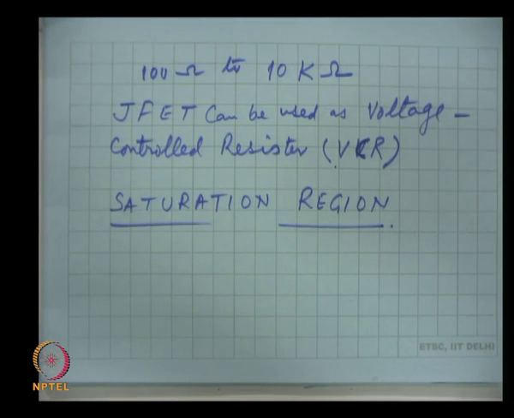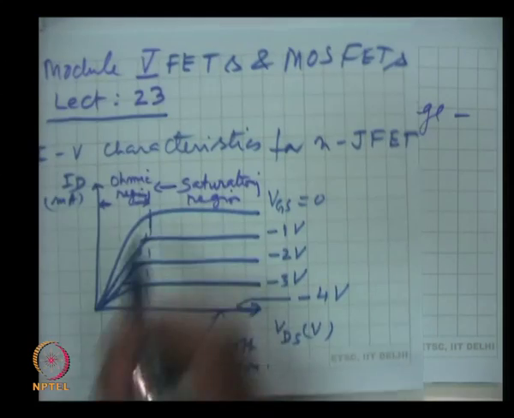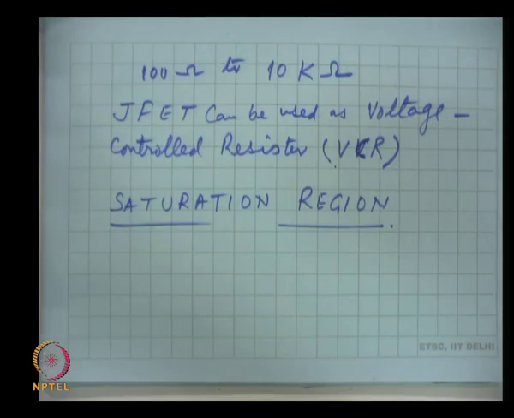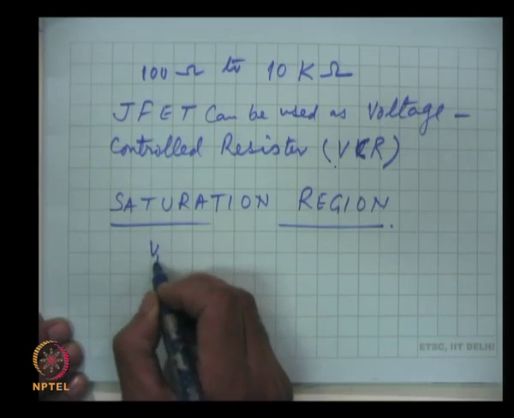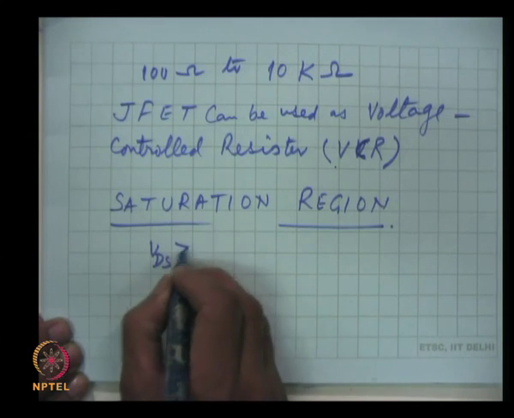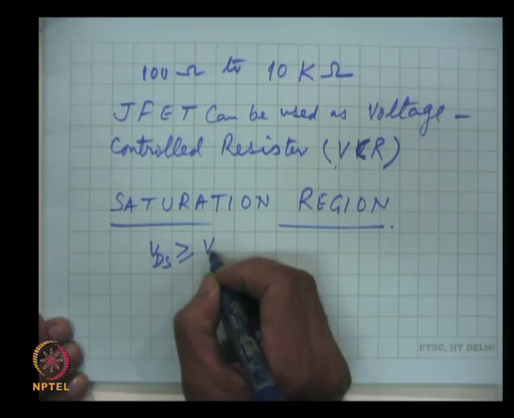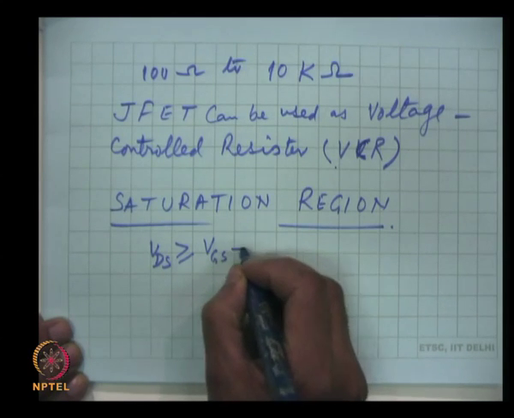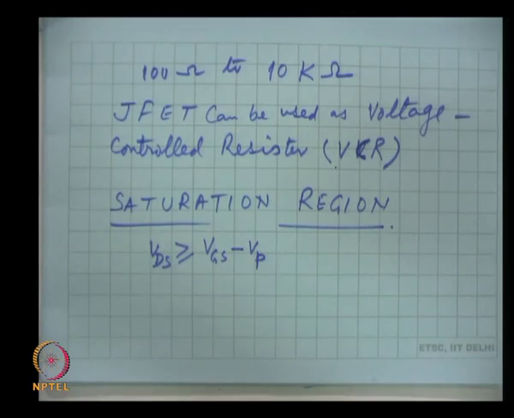This saturation region starts from this point, where the drain source voltage VDS has to be higher than VGS minus the pinch off voltage.